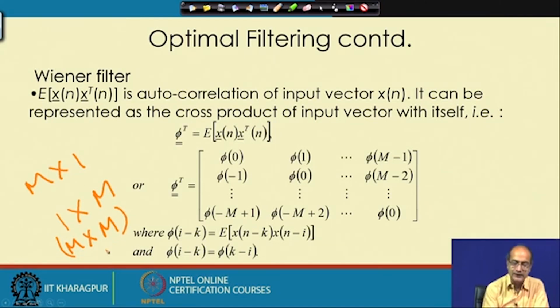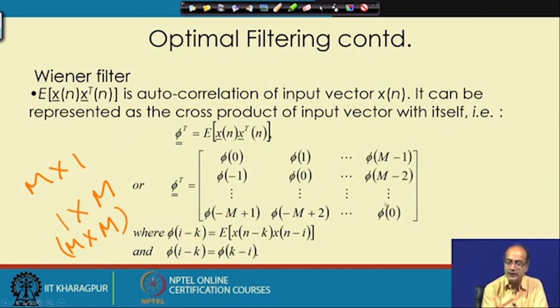We represent that by the term phi. Please look at the notation: the two bars below the phi signify that it is a matrix.